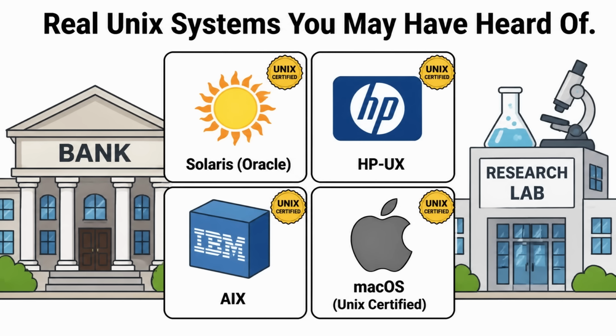If you open a terminal on a Mac and type commands, you're using a Unix certified system. These Unix versions are typically found in large enterprises, banks, and research institutions where rock-solid reliability and vendor support are critical. They're powerful, but they come at a serious cost.